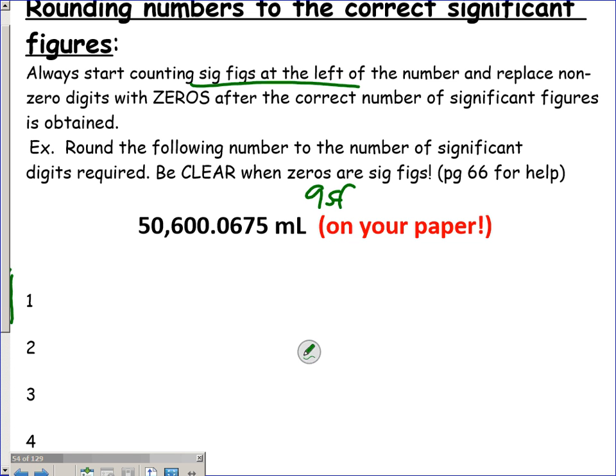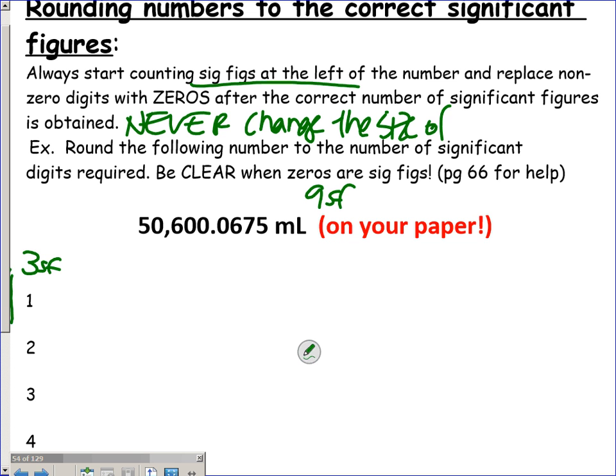So we're going to round it to the appropriate number. I'm going to start with 3 sig figs. On this, we will never change the size or the scale of the number.